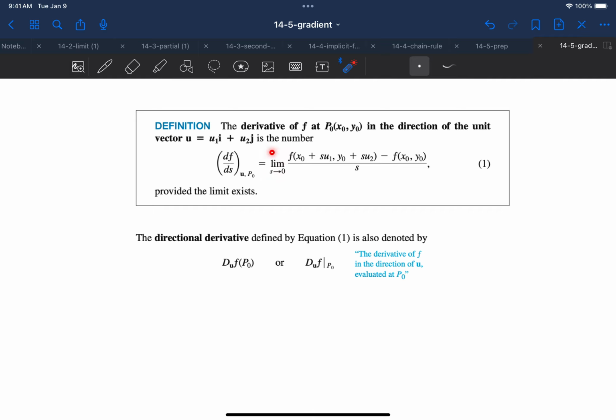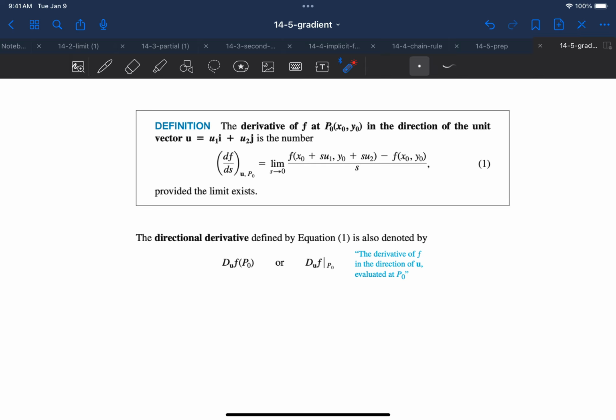It is given by the limit as s goes to 0 of the ratio: f of the position after the move minus f at the current position before the move, divided by s, your step size, provided the limit exists.